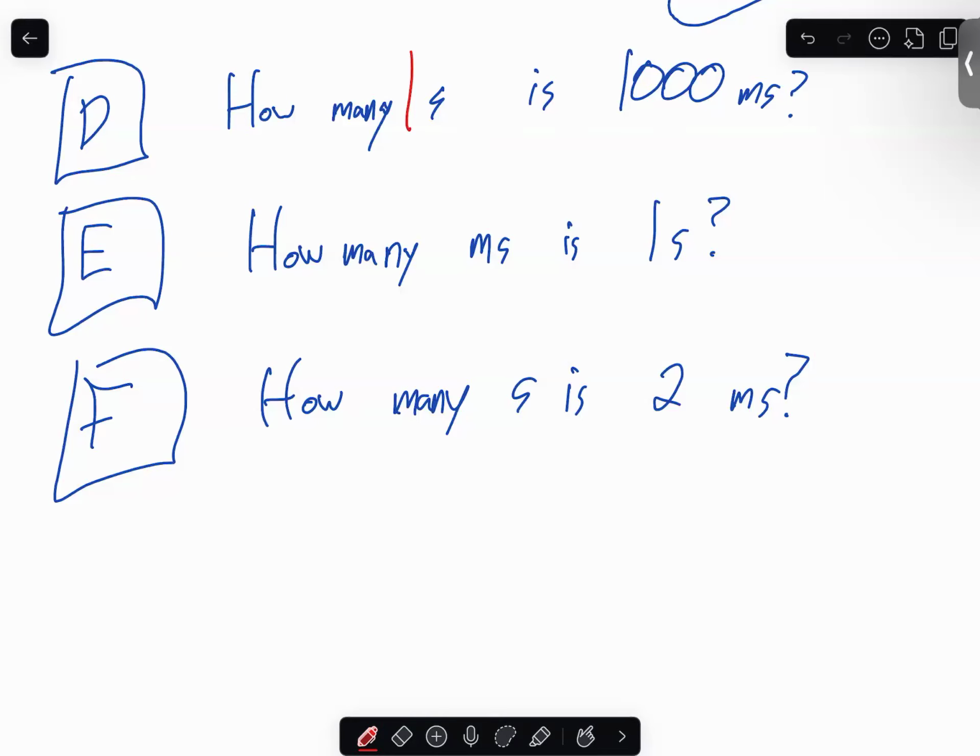Where's the decimal? 2 milliseconds is 0.002 seconds. Shift the decimal 3 times for good luck. Okay, done.